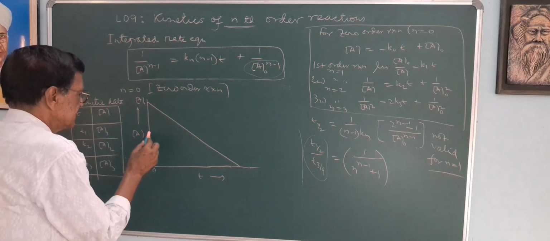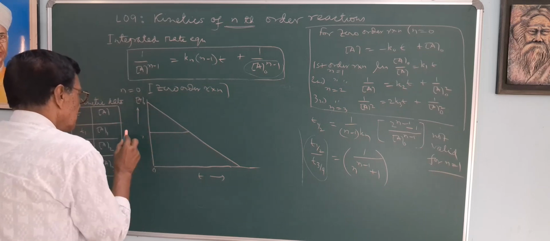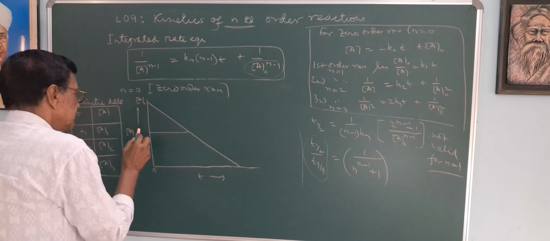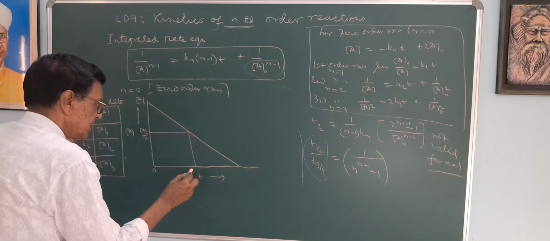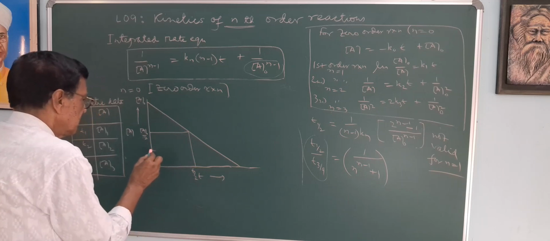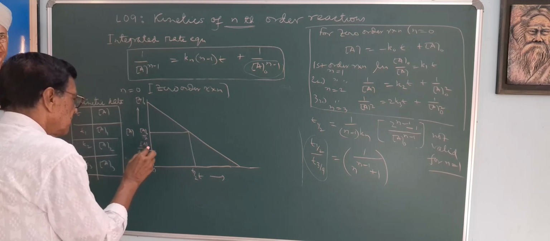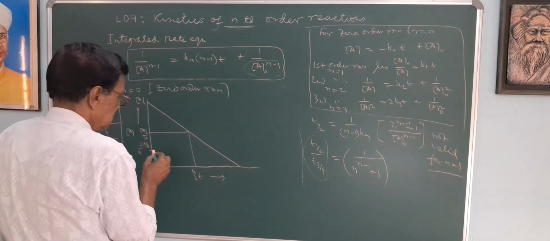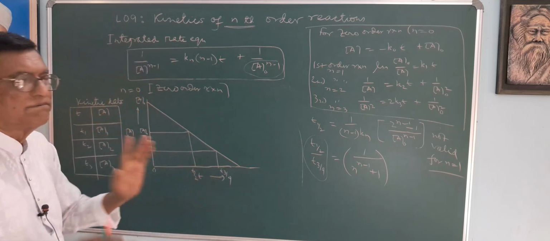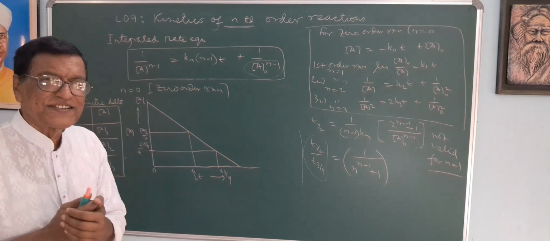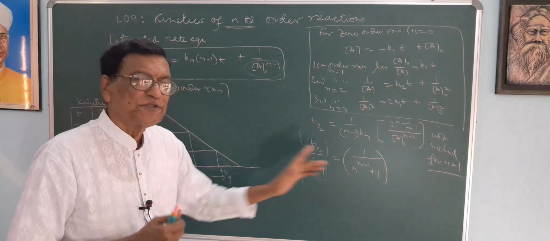This is A0 by 2, and this one is the T half, and this one is 1/4 of A0. So this will give you the T3/4. So from this graph, on this T axis, you can find out T half and T3/4.